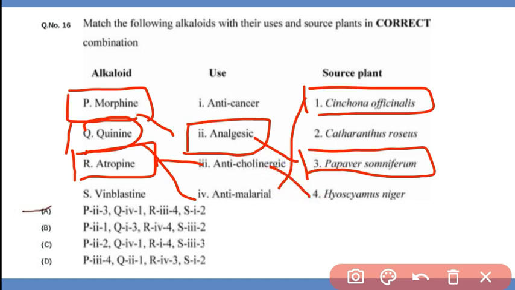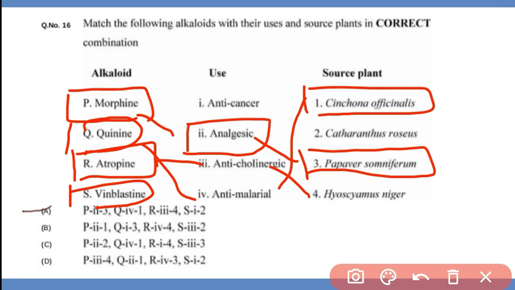Then vinblastine. Vinblastine is an anti-cancer agent commonly obtained from Catharanthus roseus, commonly known as periwinkle, or Sadabahar in Hindi, or Sadafuli in Marathi. It is a species of flowering plant from the family Apocynaceae.